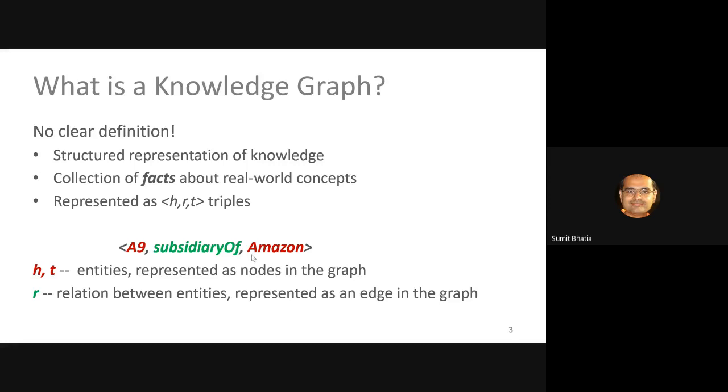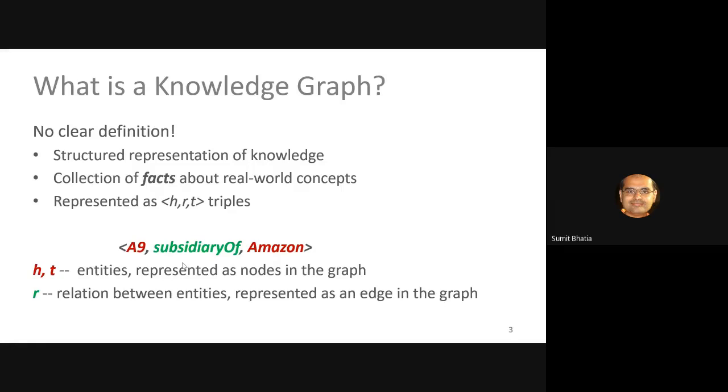For example, Sumit is giving a lecture at NIT Kurukshetra. IBM has an office in New Delhi. Arvind Kejriwal is Chief Minister of New Delhi. In all these real life facts, you would have noticed there are two entities and they are connected by a relationship.